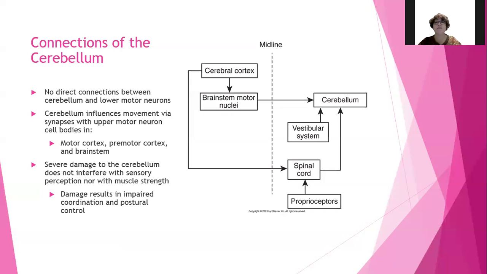The damage results in impaired coordination and postural control. So there are distinctive signs that you'll see with cerebellar dysfunction, and we'll talk about those. But even though the cerebellum is really doing a lot of stuff, it doesn't have a direct effect on the motor output.